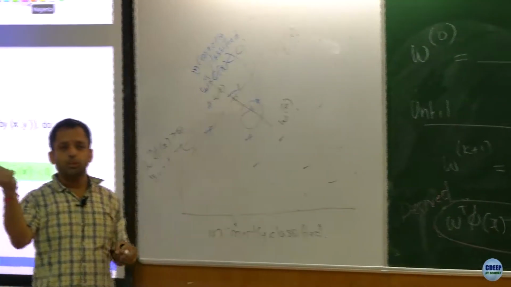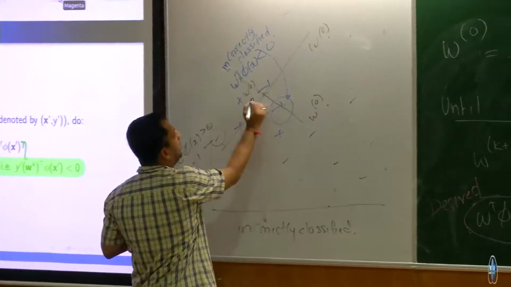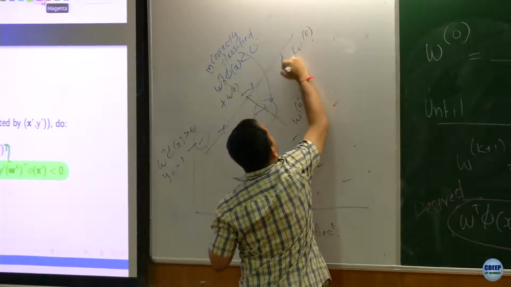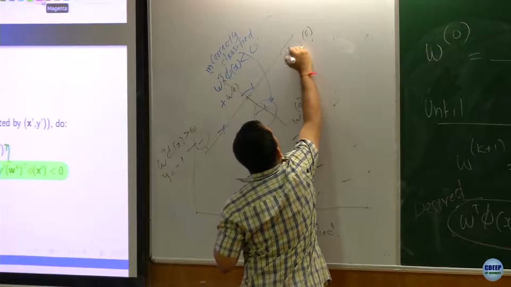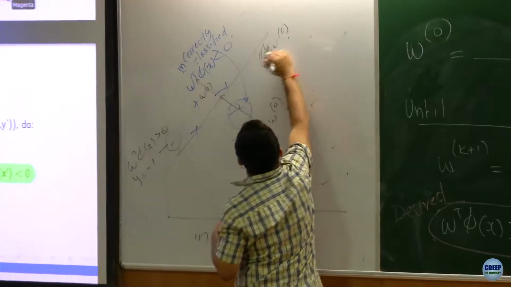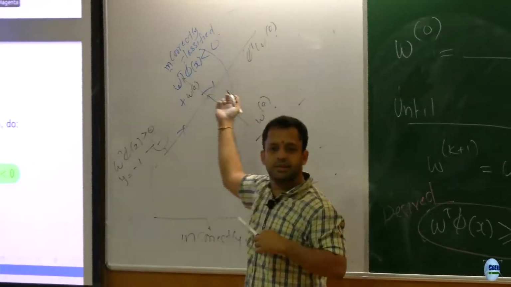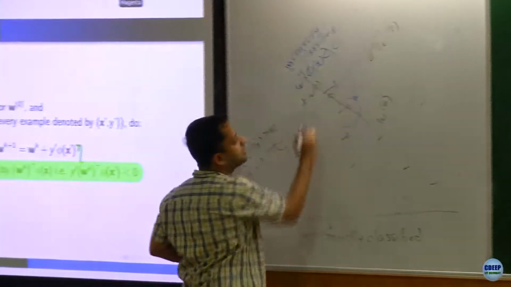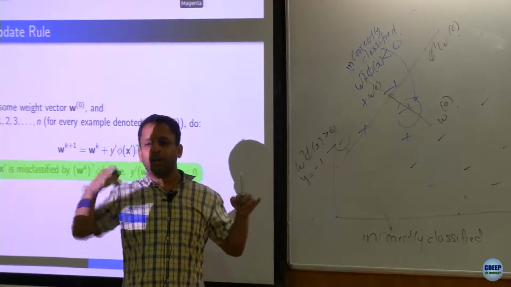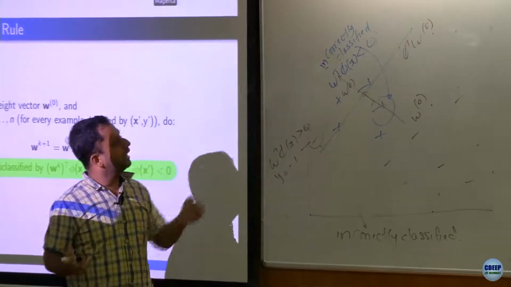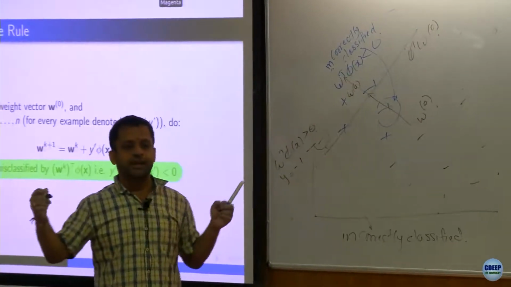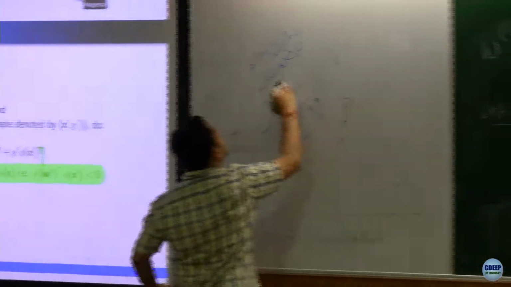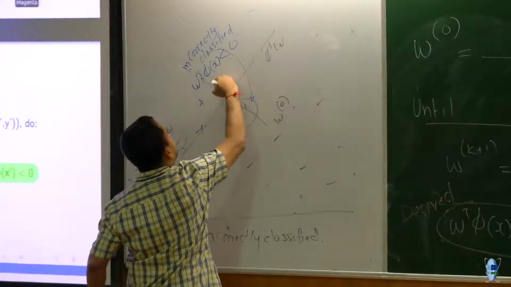Now we'll try and understand what W transpose phi x means. Let's say there are two points, one on the separating surface. This separating surface is W transpose phi, or phi transpose W, right? This is a separating surface, which means that if you have a point on the separating surface, the value of W transpose phi is equal to 0. I will remove this superscript 0 because it just gets cluttered.